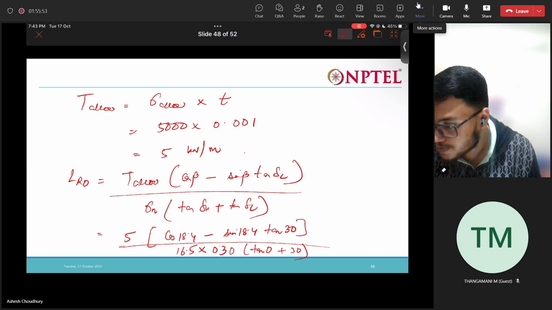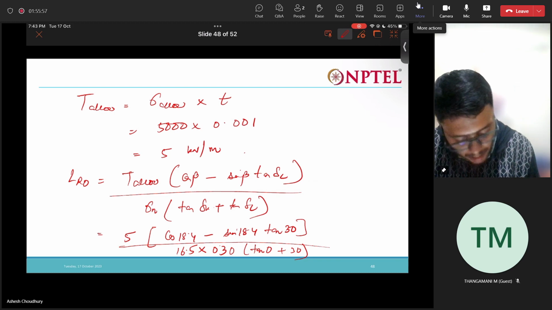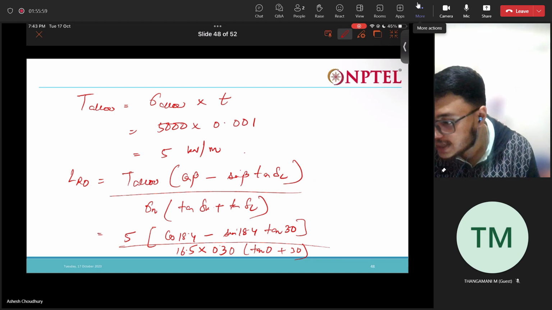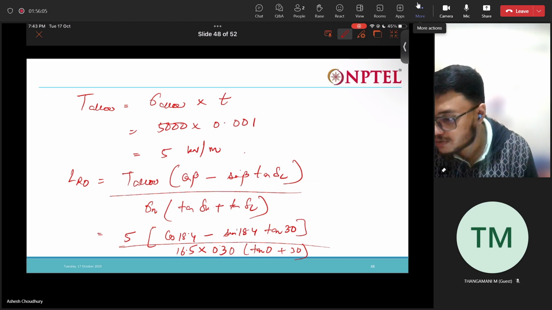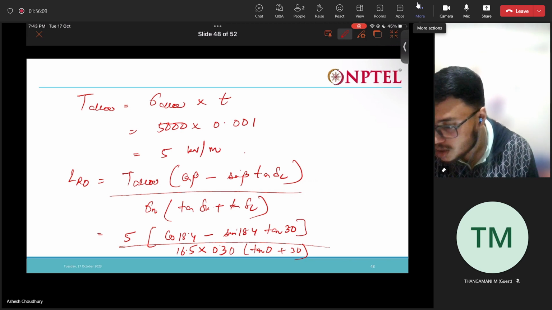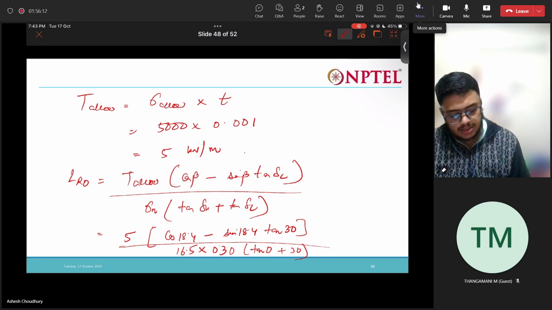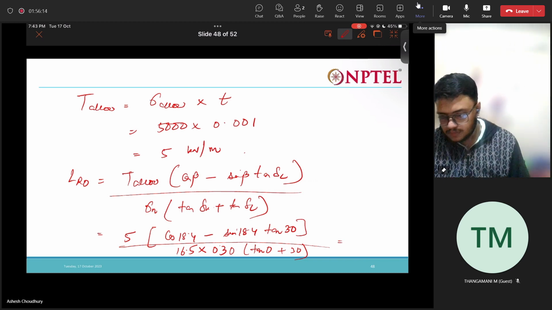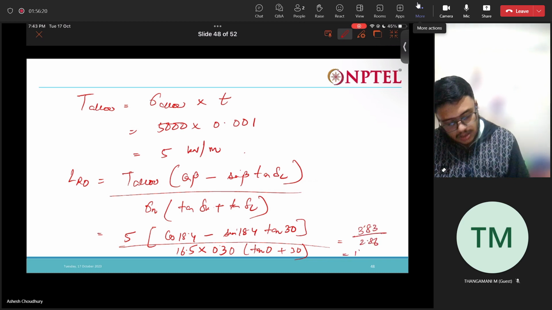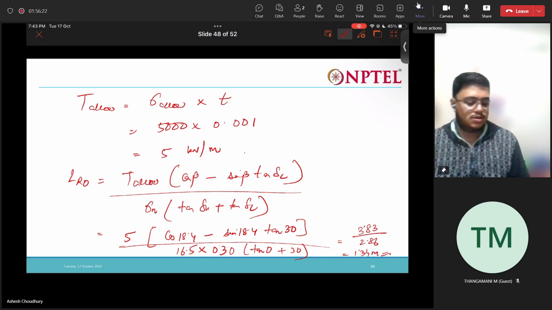So why are we taking this upper tan delta U as 0? That is because the upper soil is thin, a thin layer of soil. That's why they are taking delta U as 0. It comes out as 1.34.